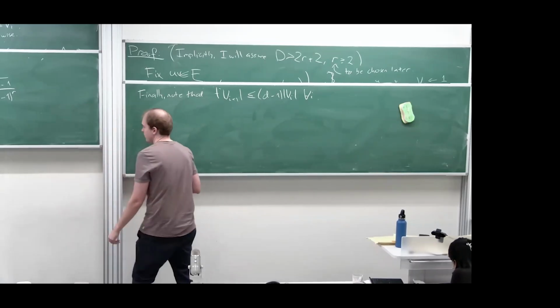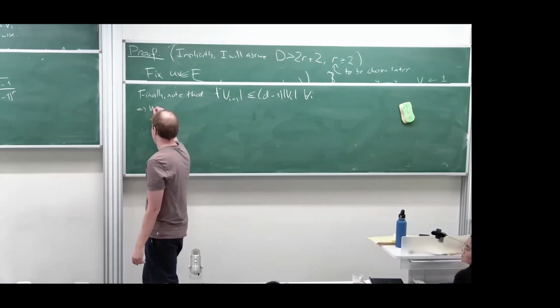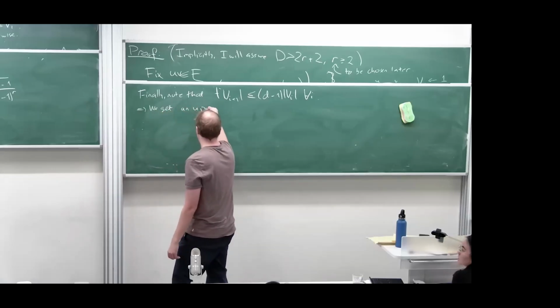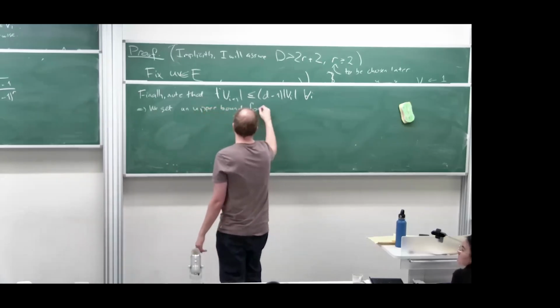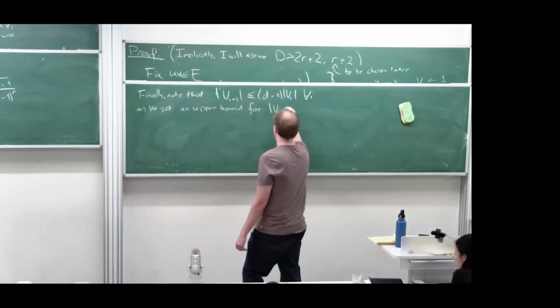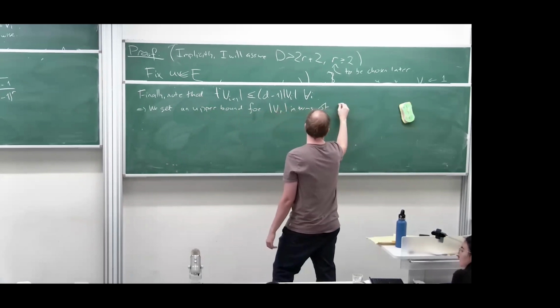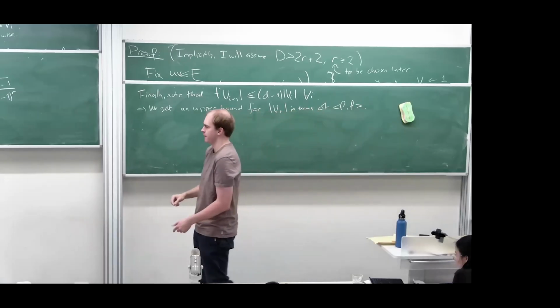So in this way, we get an upper bound for B_r in terms of the L2 norm of f.